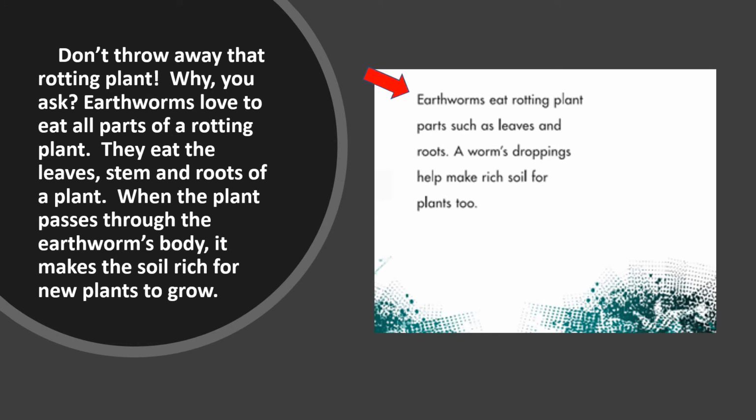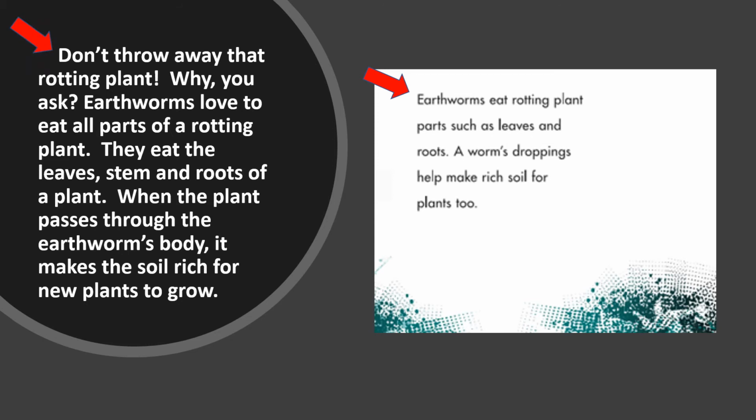It said, earthworms eat rotten plant parts such as leaves and roots. A worm's droppings help make rich soil for plants too. Now here are just two simple sentences, but when I add my lead or hook, I can stretch this sentence to make it more interesting. Let's take a look at the right.